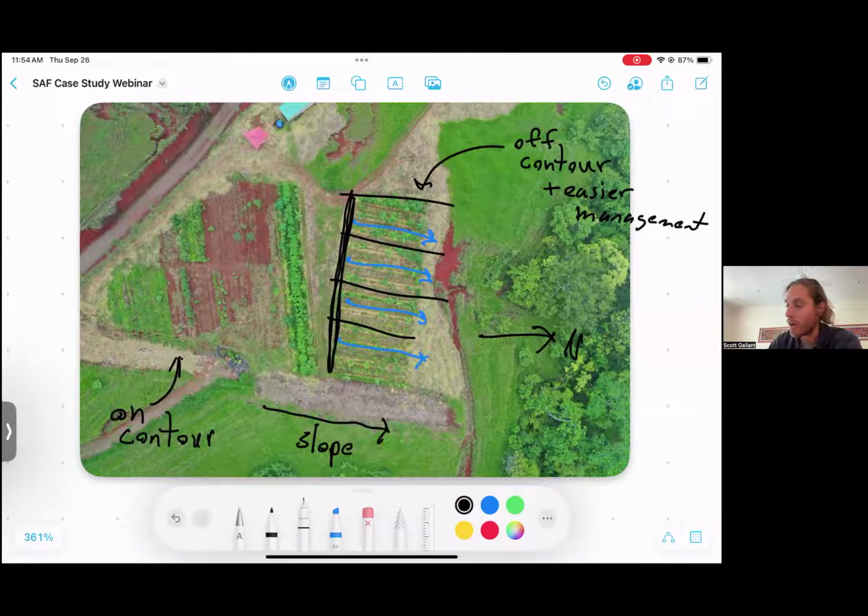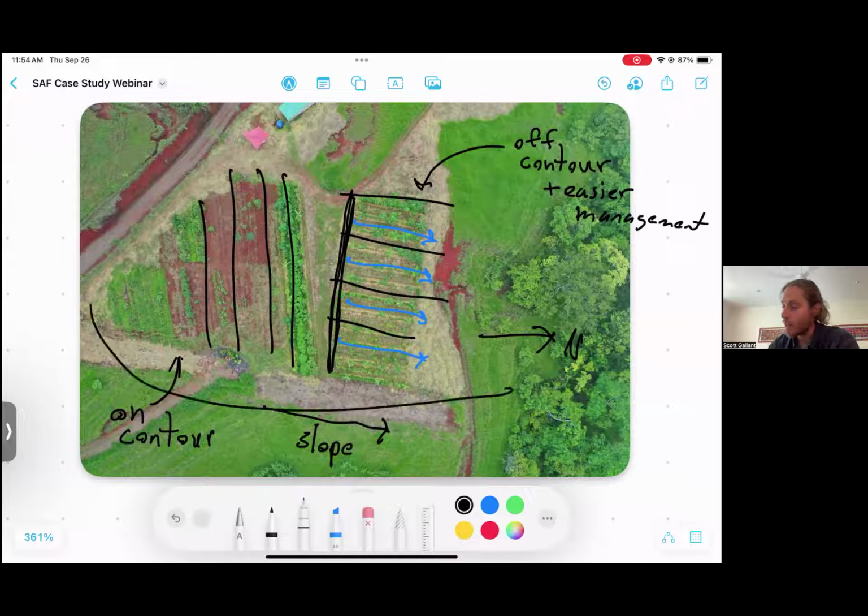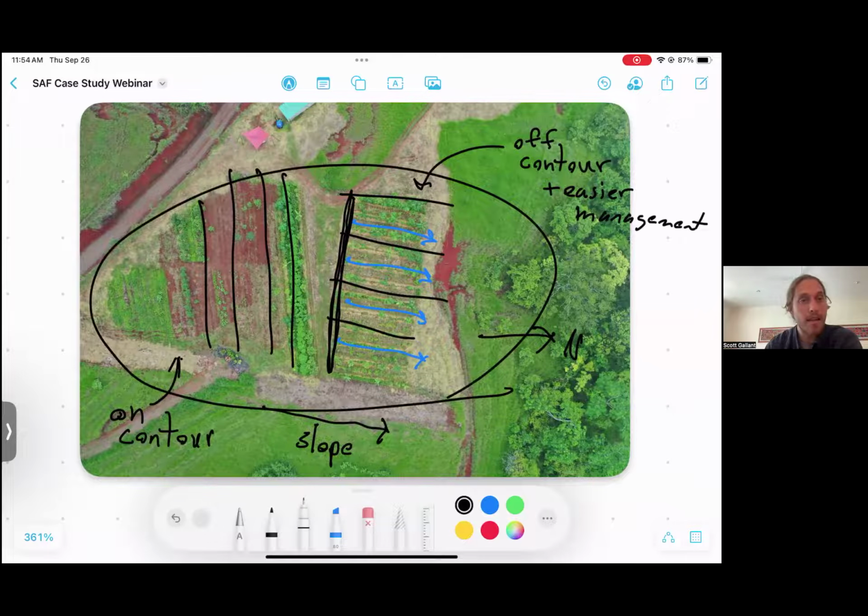We have on-contour lines and off-contour lines, and we get to see the difference. If we think back to the purpose of this project, this is to experiment. The idea is that this whole space gets translated into this 200-hectare monster of a project, and we're going to find out what works here. So that's what's going on a bit.